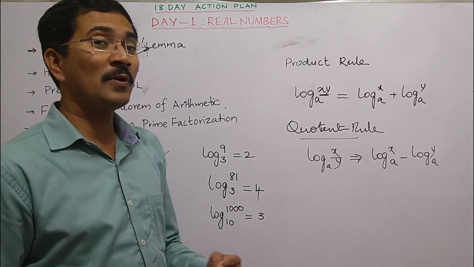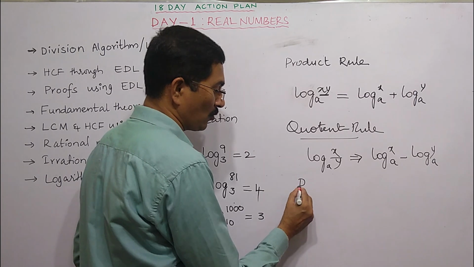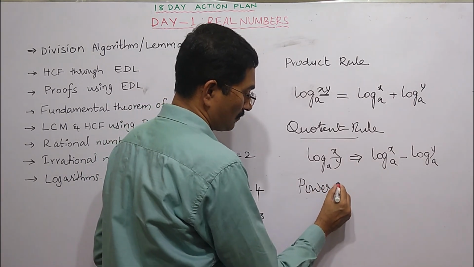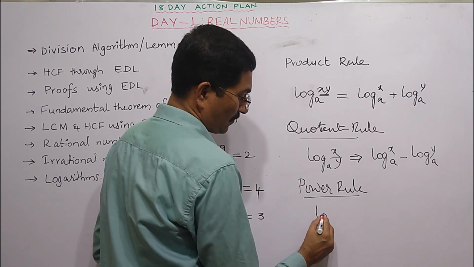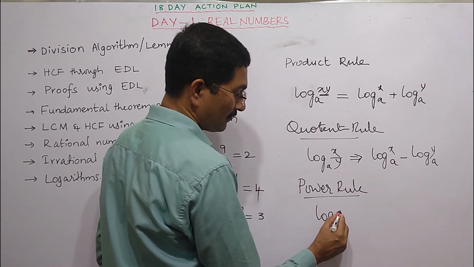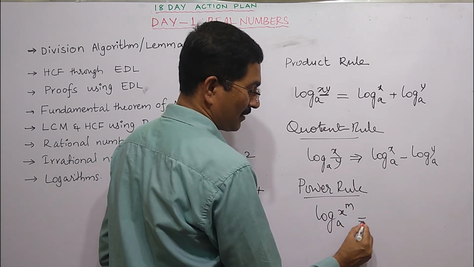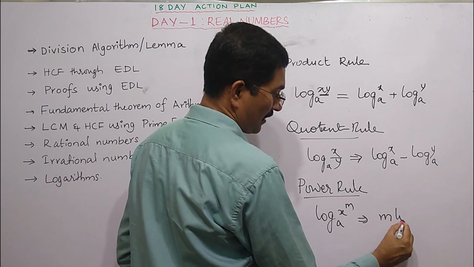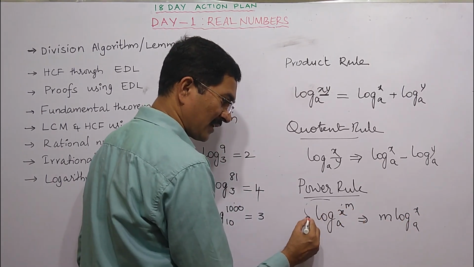And what if you have to power it? Let us see. That is called the power rule. It says log x to the power of m to the base a can be written as m log x to the base a. So this comes here.